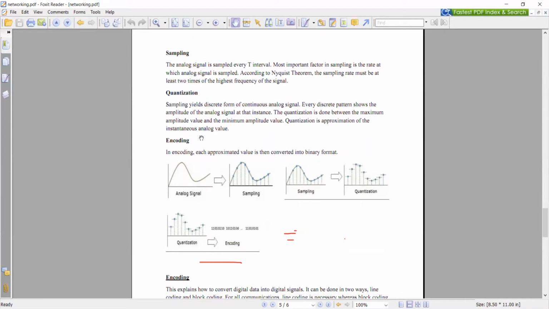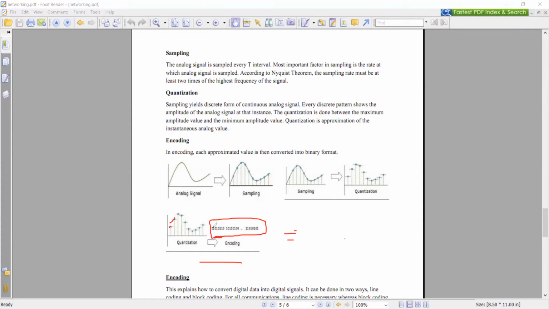Then encoding: each approximated value is then converted into binary format. එතකොට අපි ඒකෙදිත් ඒගොල්ල use කරන්නේ mathematical method එකක්. එතකොට මේකෙත් according to values මෙතනින් මොකද්ද represent වෙන්නේ 1ද 0ද, මෙතනින් මොකද්ද 1ද 0ද එහෙම කියලා මෙන්න මේ encoding part එක ඇවිල්ලා we are getting the digital signal.